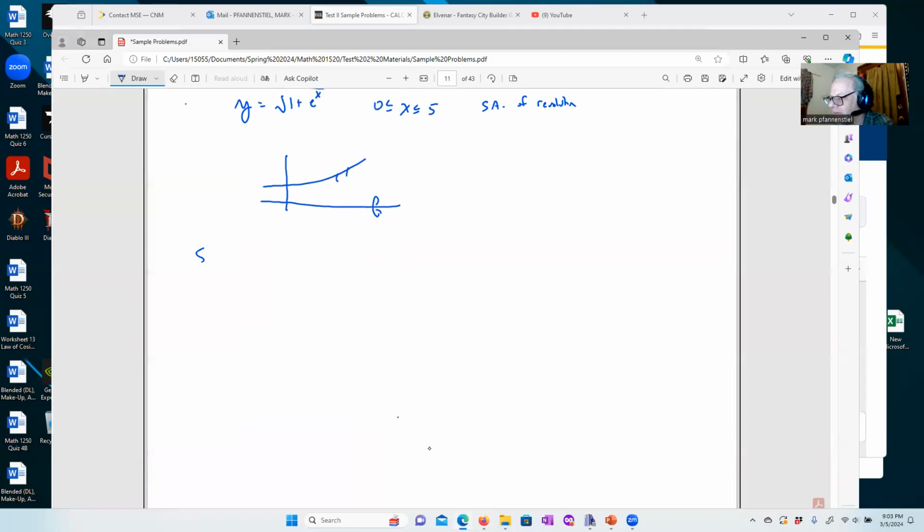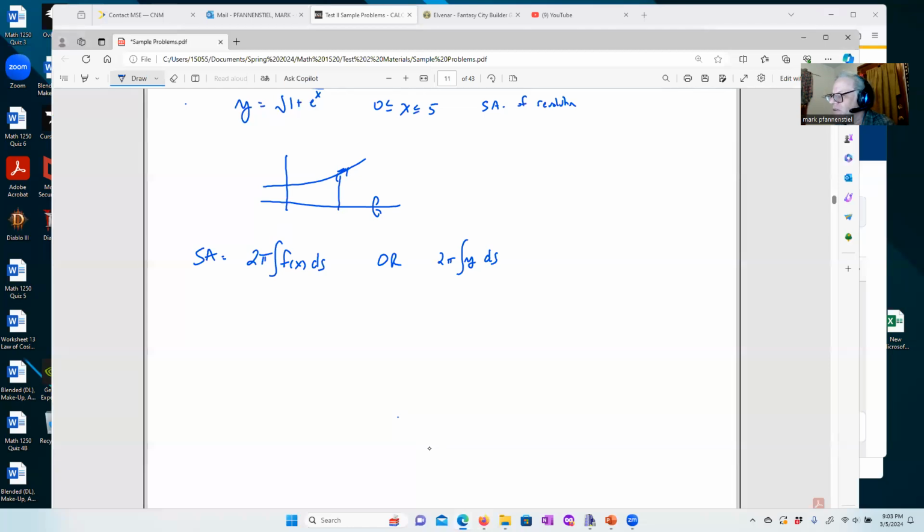We have surface area equals 2 pi integral of f of x times ds, or 2 pi integral of y ds. So we're taking this little spot of ds here and rotating it around the axis.